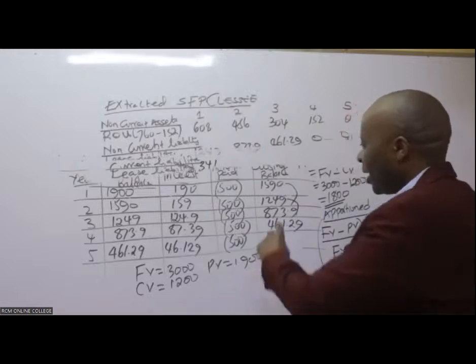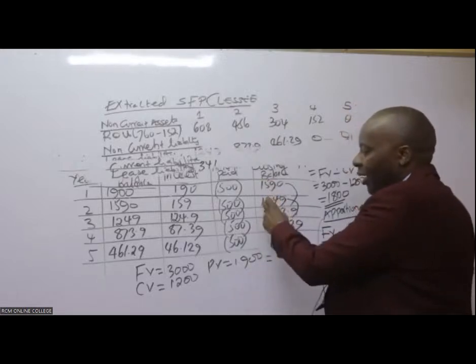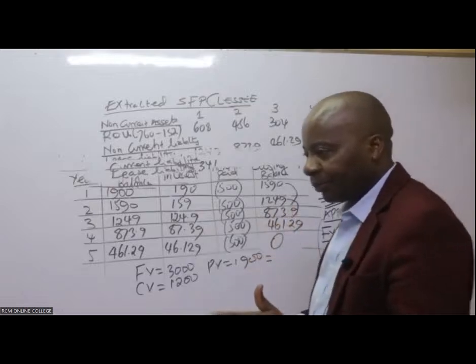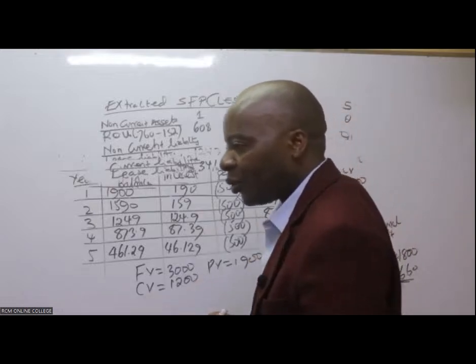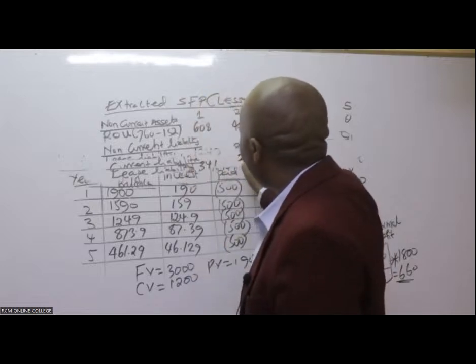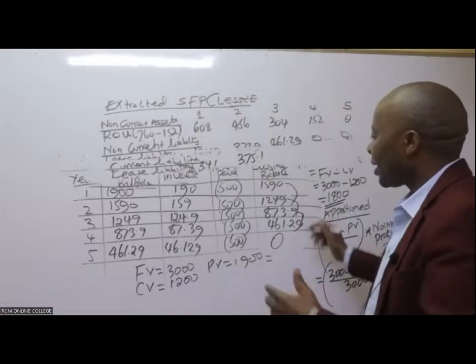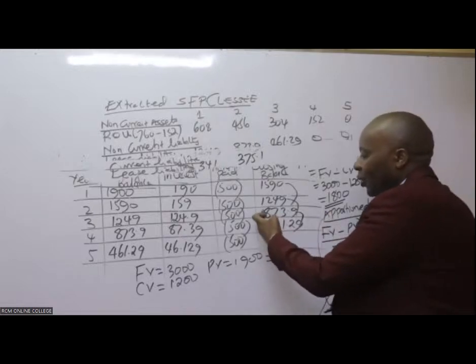The next ACK will be this minus this for the following year. So 1249 minus 873.9 for the following year. What do we have? 375.1. And then the next ACK, you're taking this minus this.